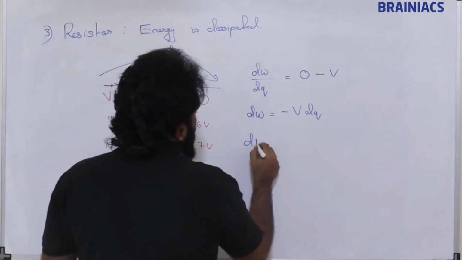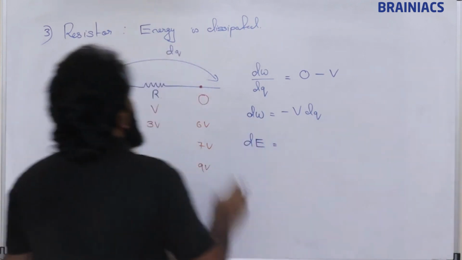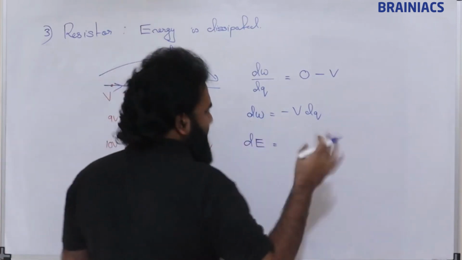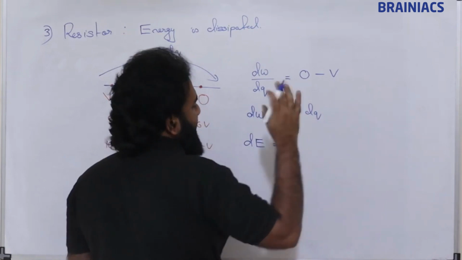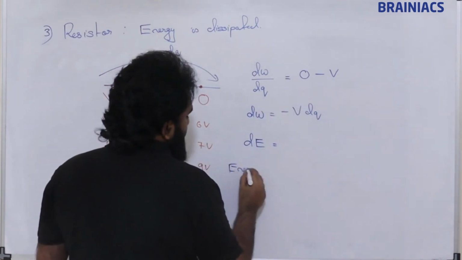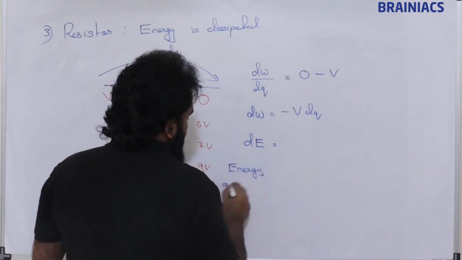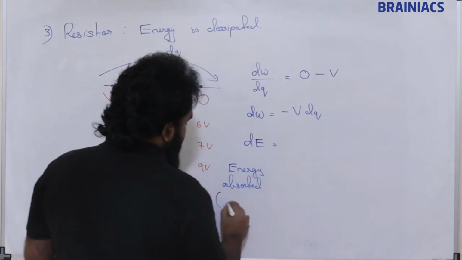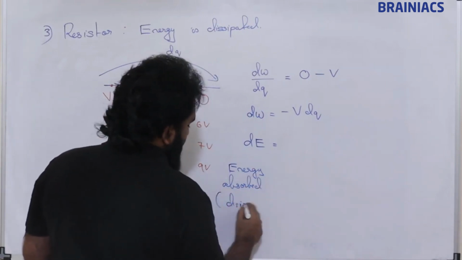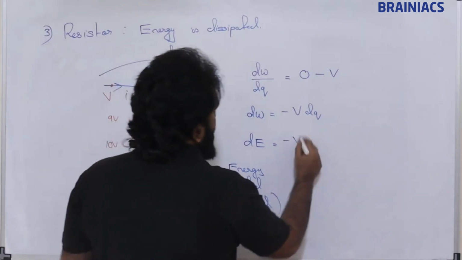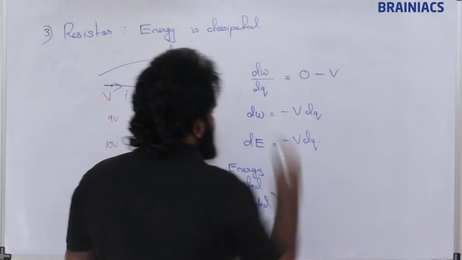This is nothing but the energy absorbed by resistance R, and whatever is absorbed will be dissipated, which is minus V dq.